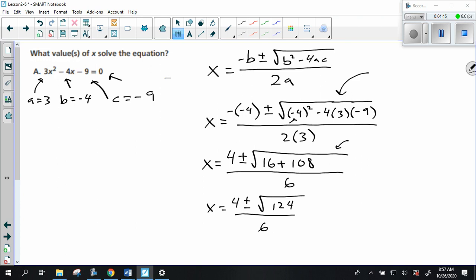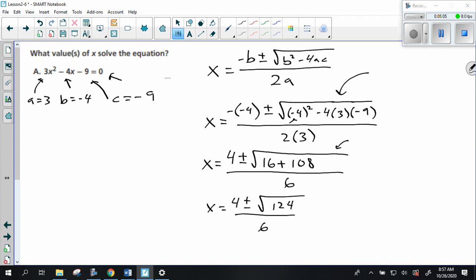Is there a square root of 124? No, we would like that to be a whole number. I put that in my calculator. The square root of 124 is approximately 11.136. We really don't want to express this answer as a decimal right now.